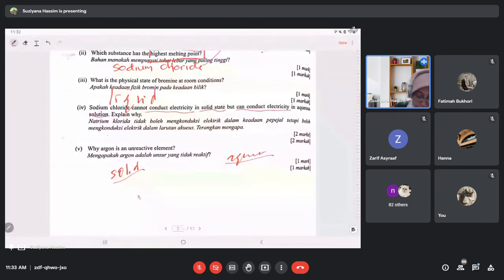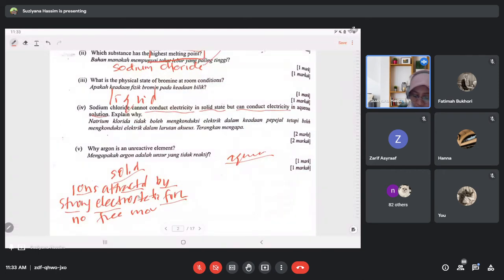For solid, ions are attracted by strong electrostatic force. No free moving ions, that's why it cannot conduct electricity.